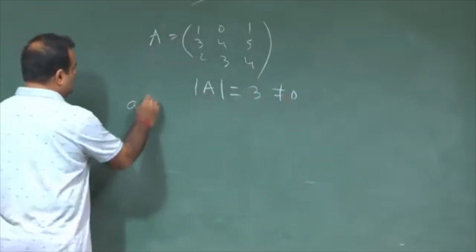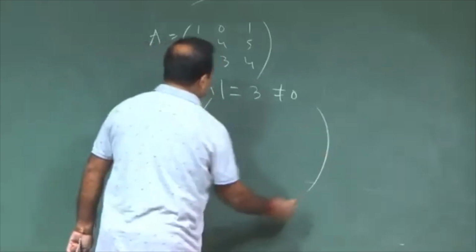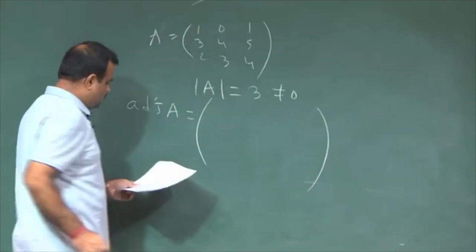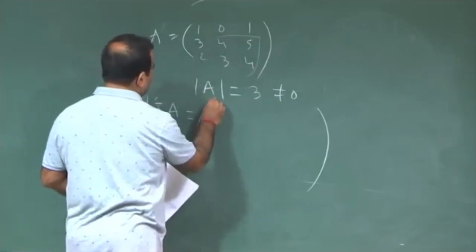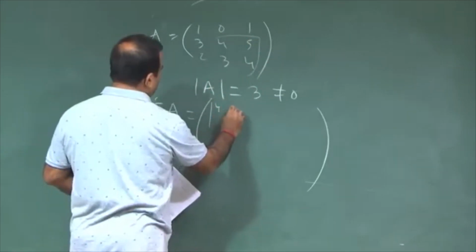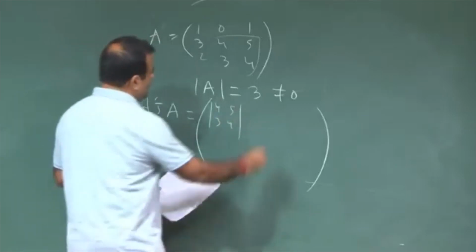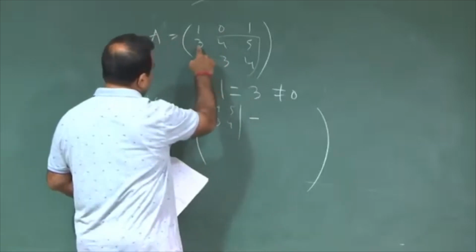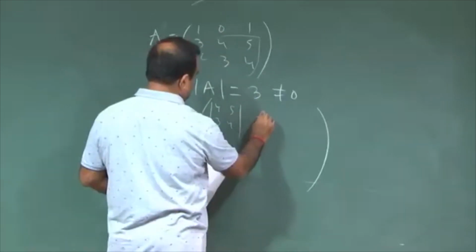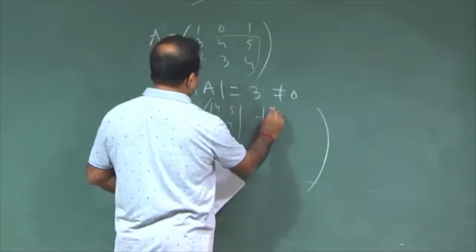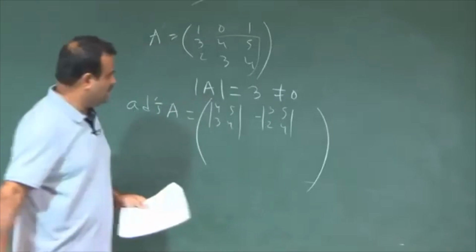Now, how to get the adjoint of A? Adjoint of A means we replace each element by its cofactor. So, this is basically nothing but the determinant of 4 5 3 4 in this place. Then minus of this will be replaced by this, with the minus symbol, so this is the determinant of 3 5 2 4, the cofactor.